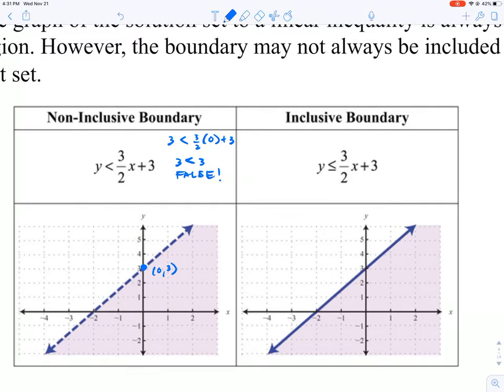That's not a true statement. So (0, 3) is not part of the solution set.